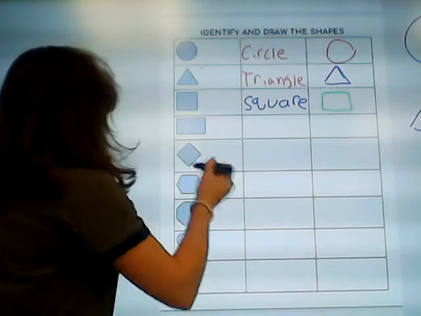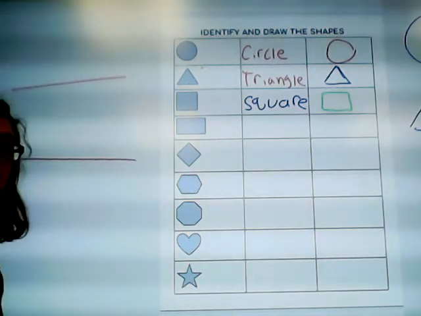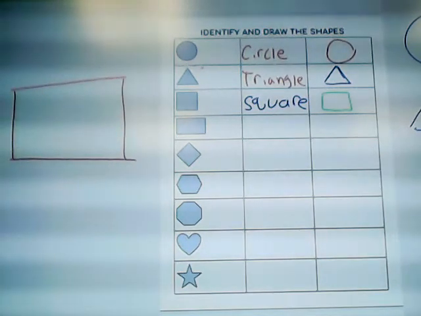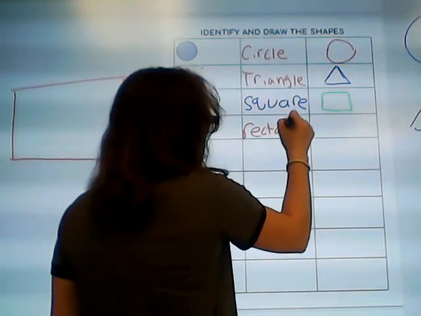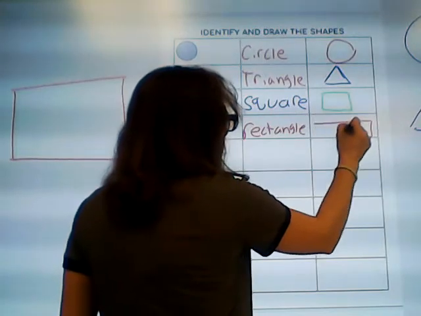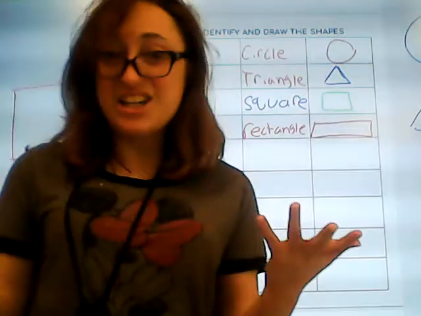So we're going to make our first long line, our second long line, and then we're going to connect those with our 2 short straight lines. And we're going to write rectangle in the box and then draw our rectangle. And that's it for our basic shapes.